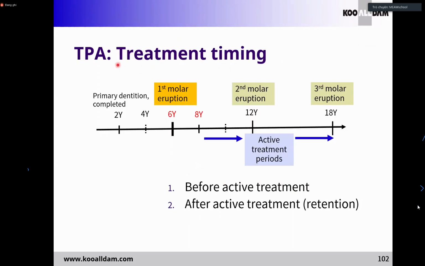So this kind of TPA we may use before and after treatment. So active treatment is maybe after lower second molar eruption period. So before then, we may use TPA. And also after active treatment, we may use TPA as a retainer.